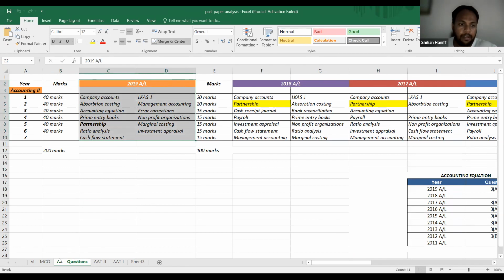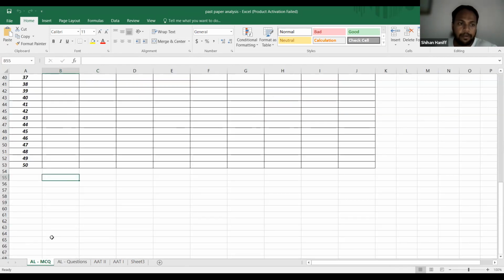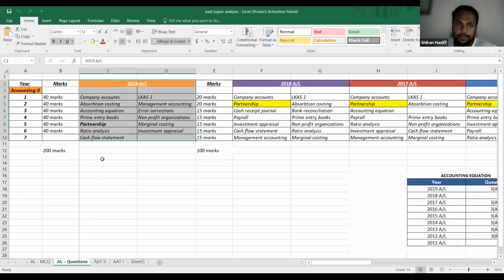In the MCQ paper, you get 50 questions, and in part 2, the second part, there are 7 questions.